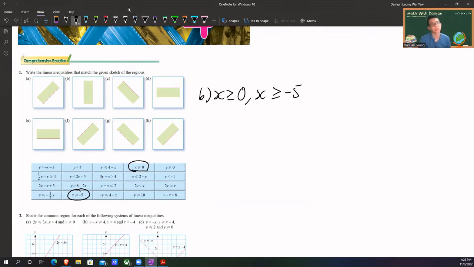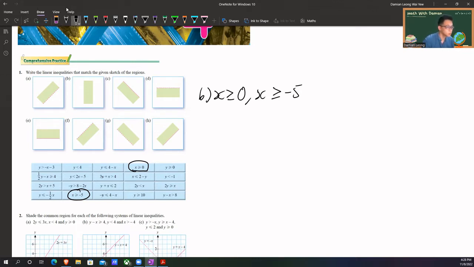A solid line is when there is equal involved, meaning I include the line itself. Whereas dotted lines mean I do not include that line. If it's more, then it's just more. If it's less, then it's just less. If I include the line, then that's equal, like this. The line below represents equal.